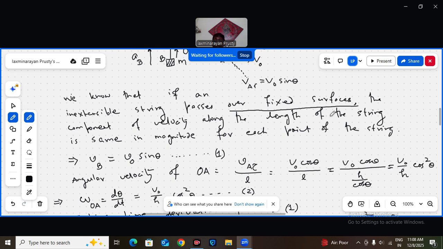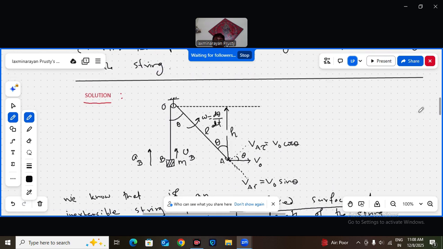Then the component of the velocity along the length of the string, for each point of the string, is the same. This point's velocity to the right has a component along the length, this V_A component. Similarly, other points may have velocity in some other direction, but the component along OA will be some value.